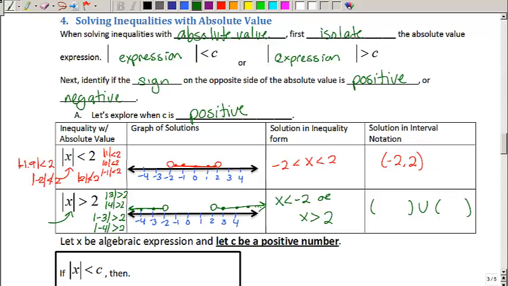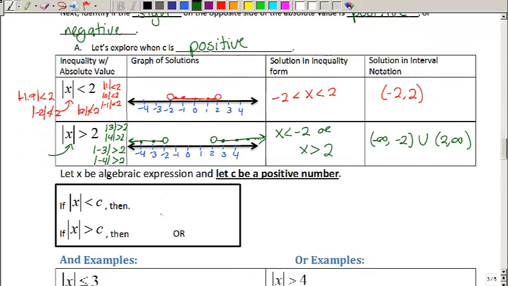The first interval is -infinity, it goes left forever, comma -2, I cannot include the endpoints, union with 2 to infinity. So to summarize, if my c is positive, my 2 was positive, the less than symbol gives me one interval of answers. The greater than symbol will give me two intervals of answers.